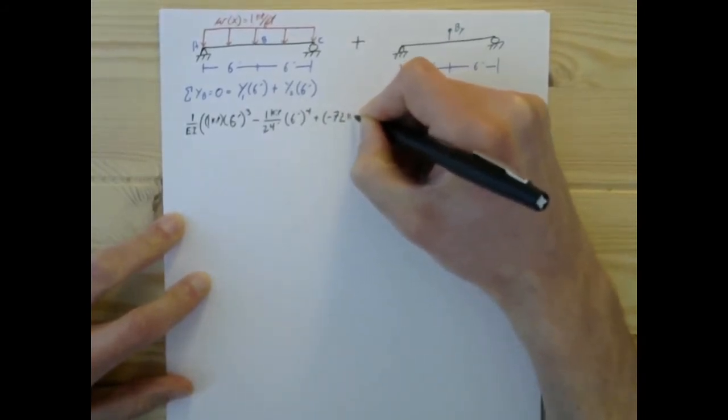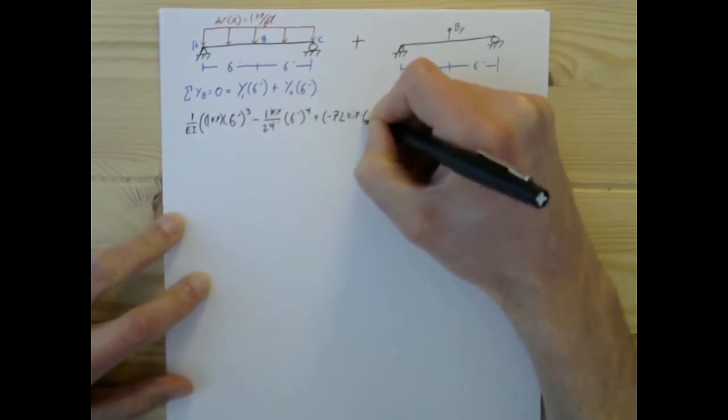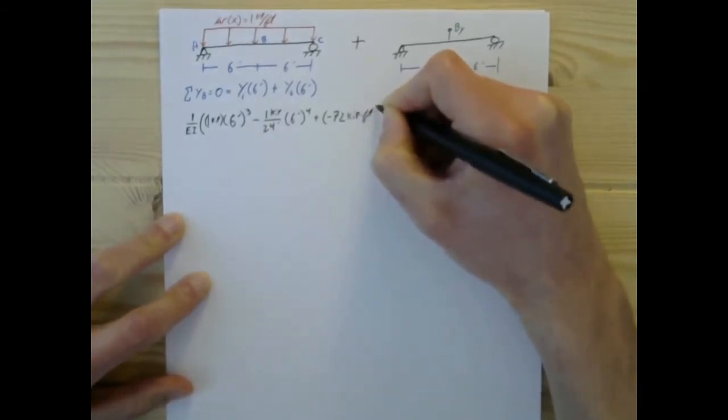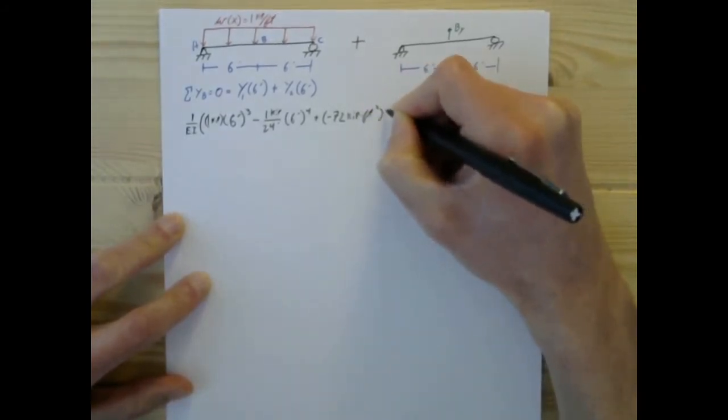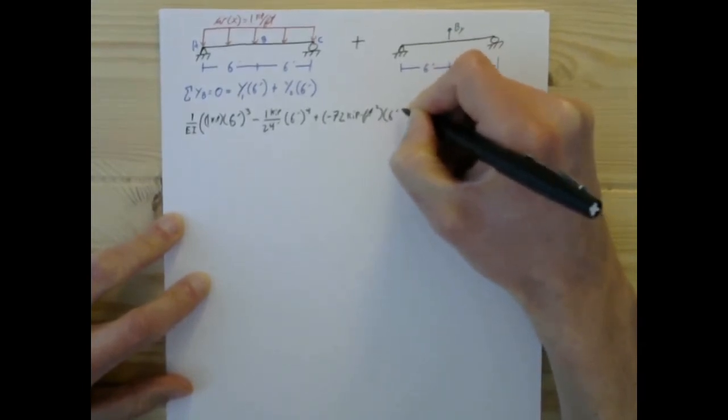Let's see, 2, I believe, kip feet squared times 6 feet.